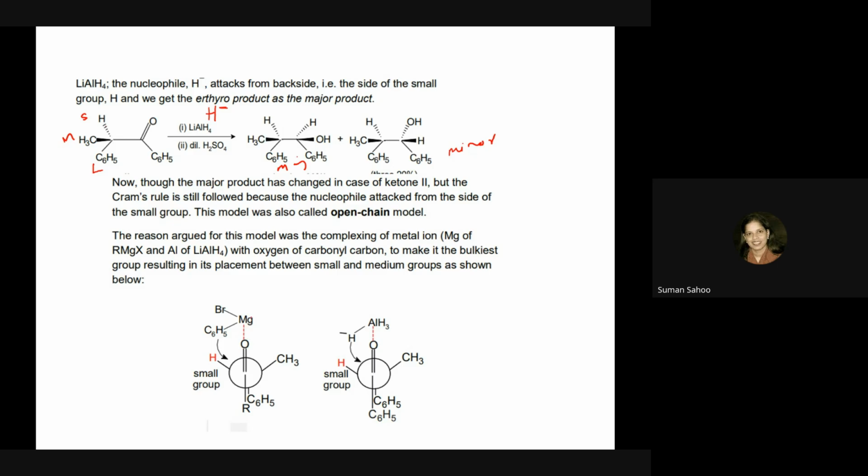That will coordinate to this side, and C6H5 can't go to this side because we have a CH3 group, rather than a hydrogen, here. So it would be oriented such that C6H5 is nearer to the small group, and it would attack from this side, because on the other side it will have steric hindrance.